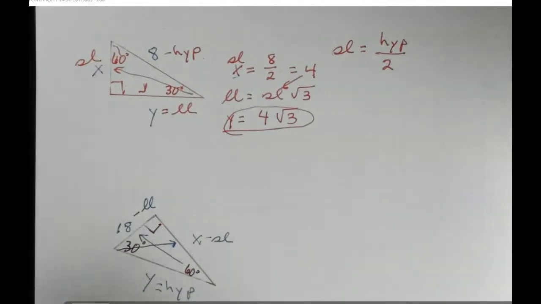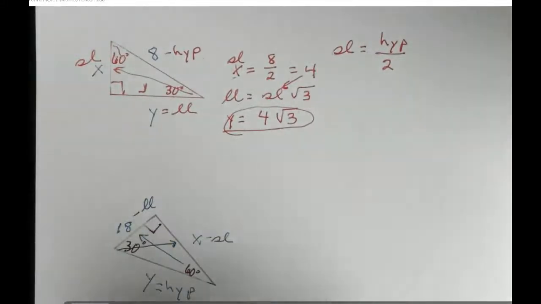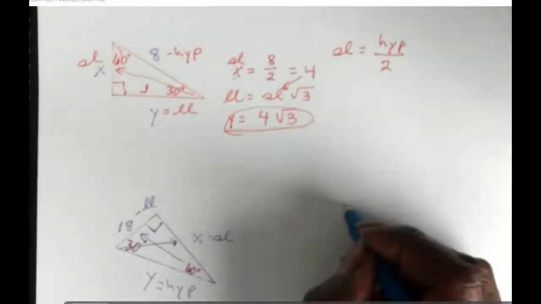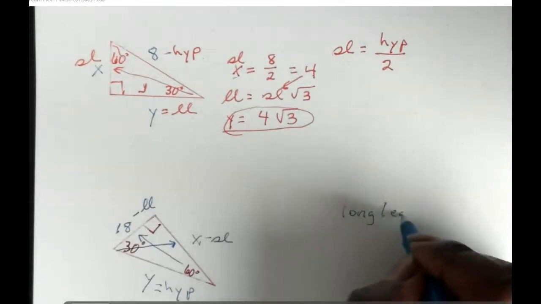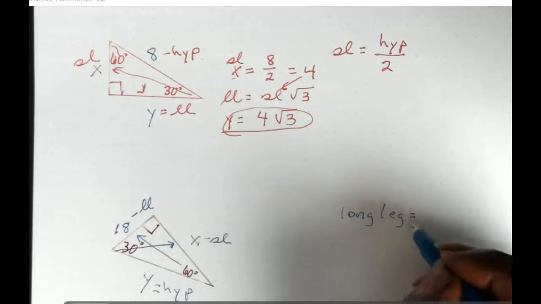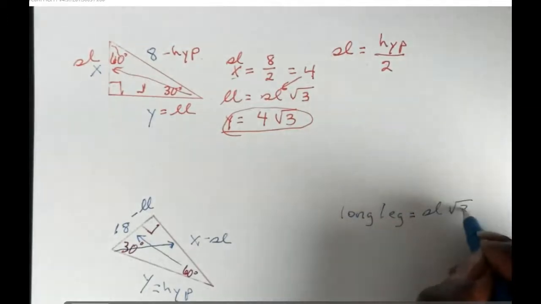Okay, now I'm going to give you a fifth formula for this one, even though you can solve for the others. The long leg, remember, the long leg is equal to the short leg times the square root of 3.